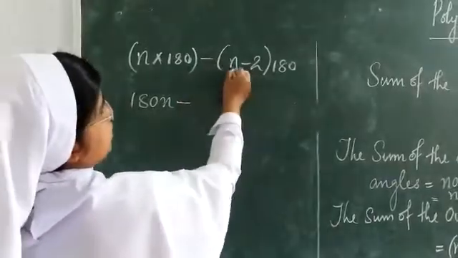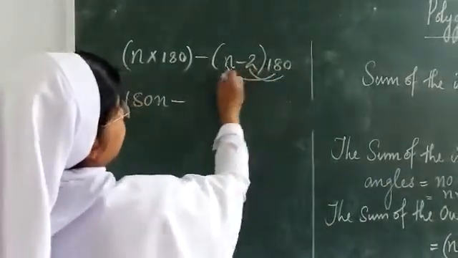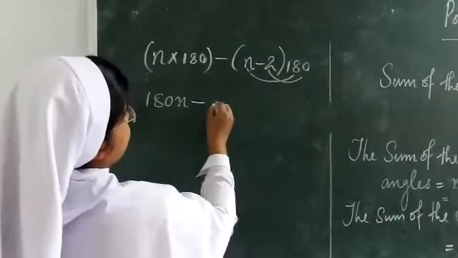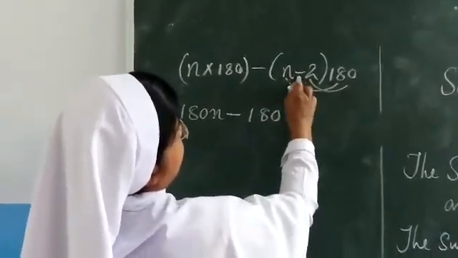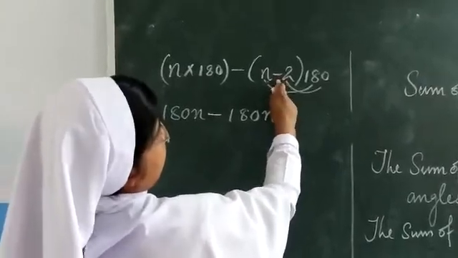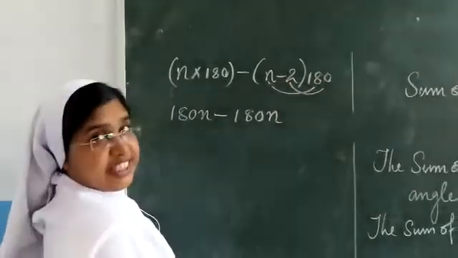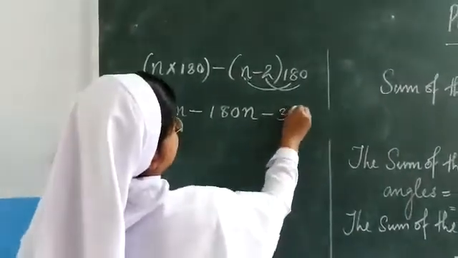Keeping the minus as it is, you have to multiply first here. 180n minus, bracket, n minus 2 into 180.